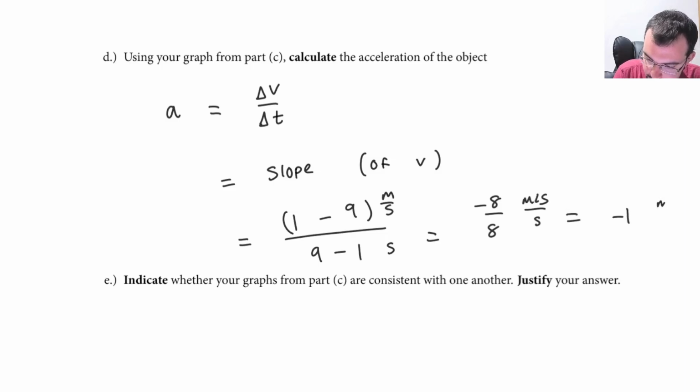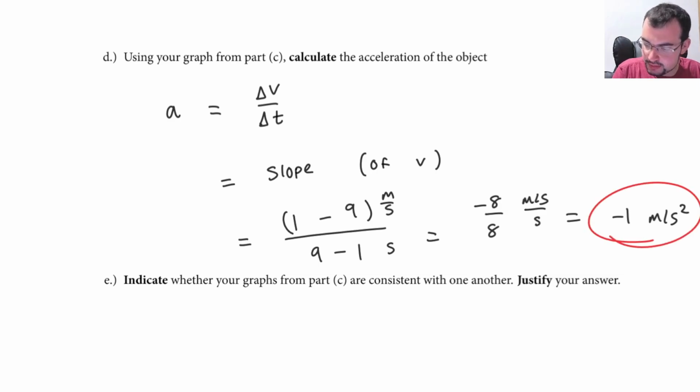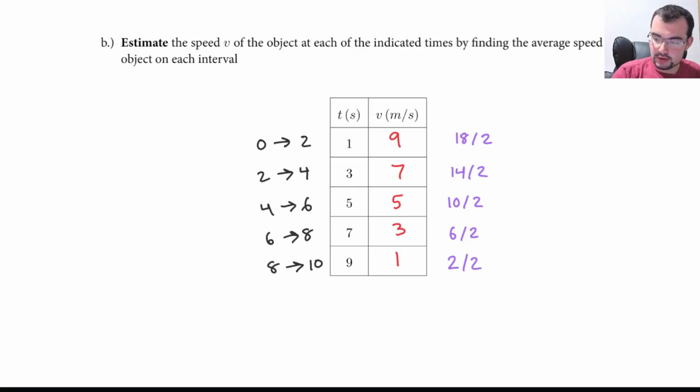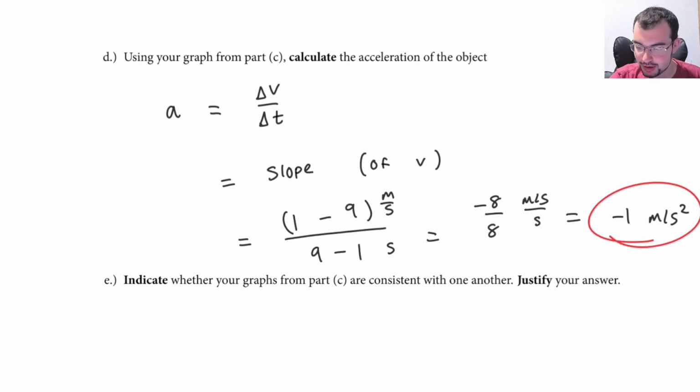So negative 1 meter per second squared. This should actually be clear from the data, because notice that every 2 seconds, my velocity goes down by 2 meters per second. So I'm losing 1 meter per second.